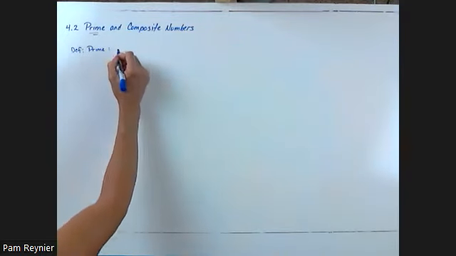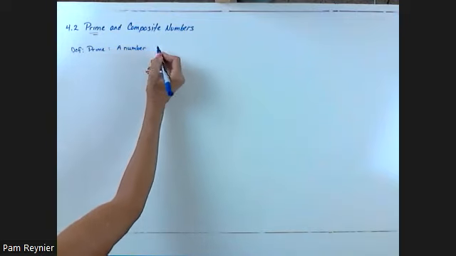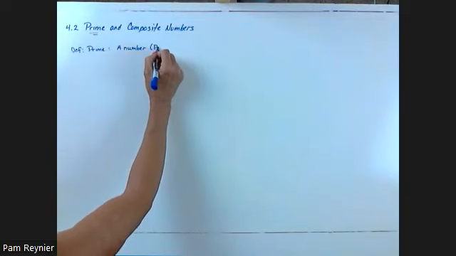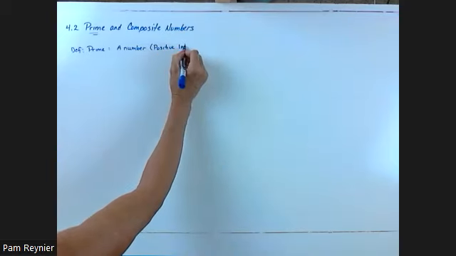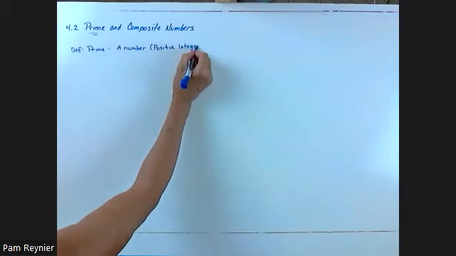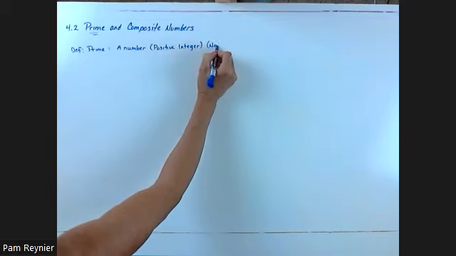And this is a number which is a positive integer. So think the natural numbers. Okay, this is the natural numbers.